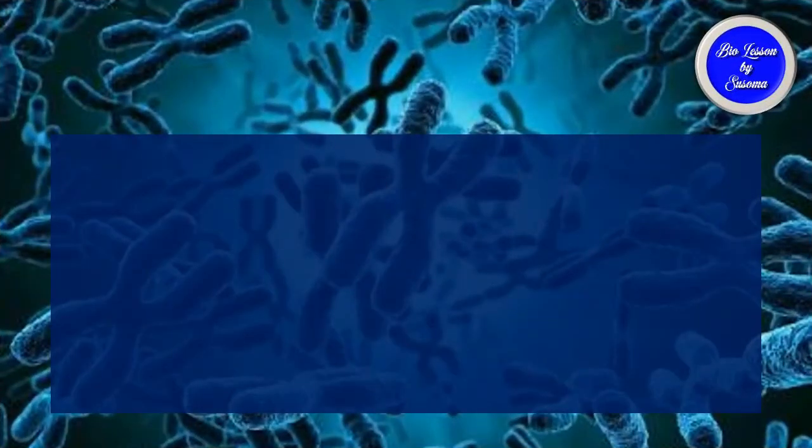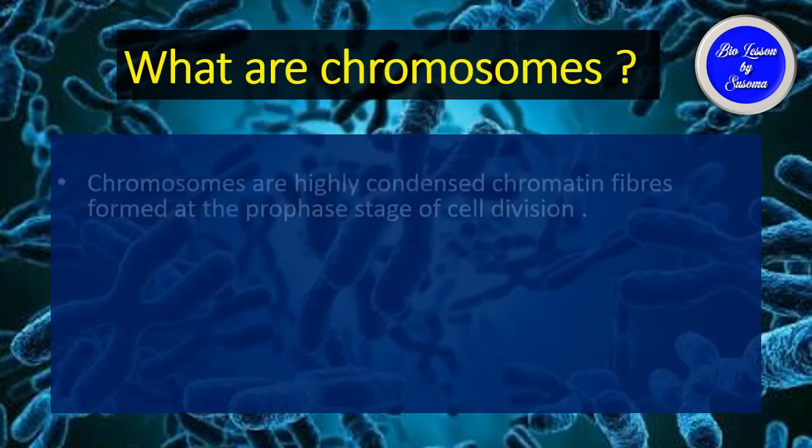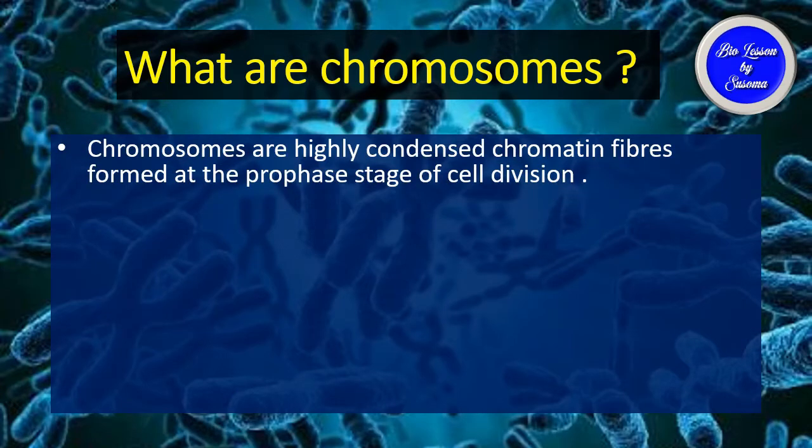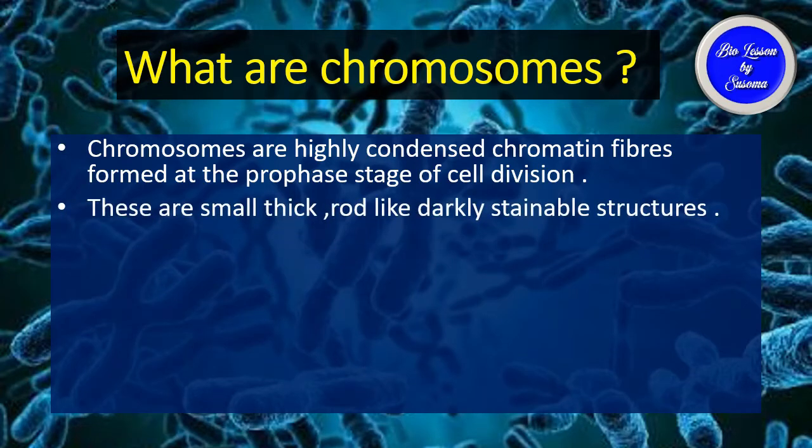So my first question is, what are chromosomes? Chromosomes are highly condensed chromatin fibers which are formed at the prophase stage of cell division. These are small, thick, rod-like, darkly stainable structures.